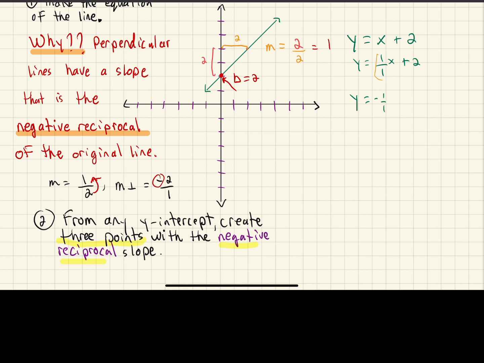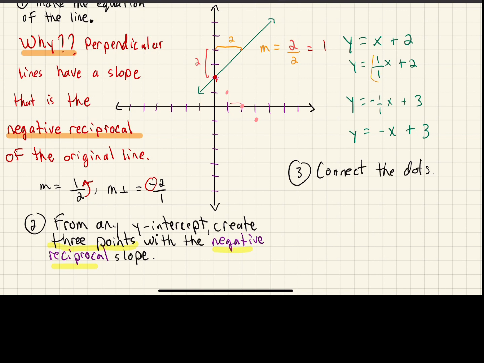I'm going to write negative 1 over 1x plus, let's say we wanted to start this from, remember we can start from plus 3. Even if we kept it the same, that's fine. So we write negative 1 over 1x plus 3. Or we can write y is equal to negative x plus 3. And then once we have our 3 points, all we're going to do is just connect the dots.